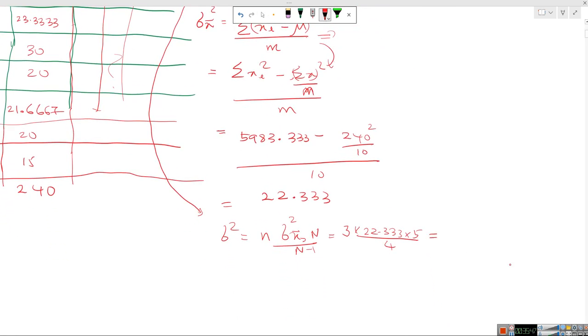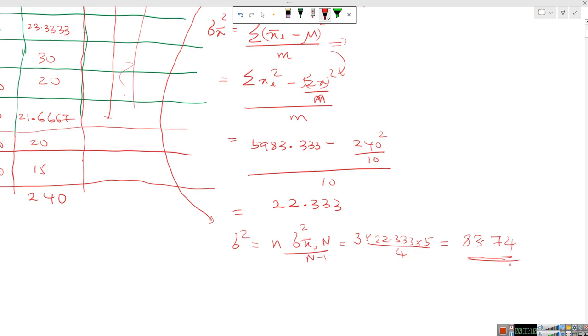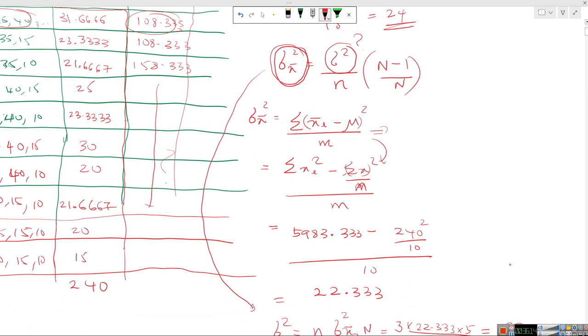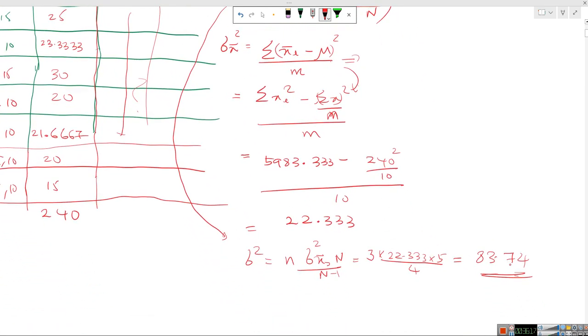Let me use the calculator: 3 times 22.33333 into 5 divided by 4 is equal to 83.74. I get 83.74. But earlier I got 134. I remember I already got this value. I think there is a mistake here again.